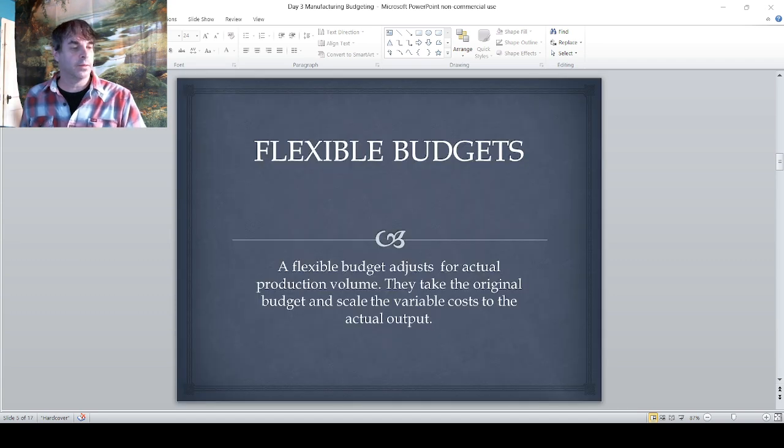And this is where flexible budgets come in. Flexible budgets adjust for actual production volume, scaling variable costs appropriately. Let's take that same example. Let's say variable costs per unit were $8 and fixed costs were $2,000 and actual production equals 1,200 units.